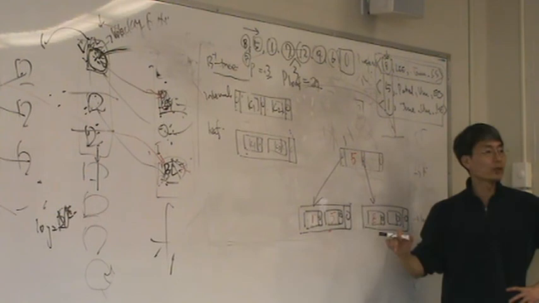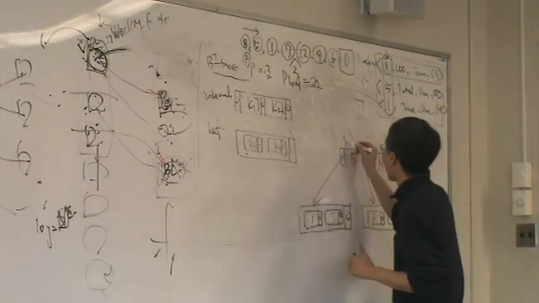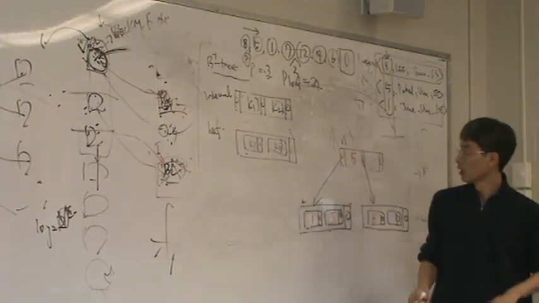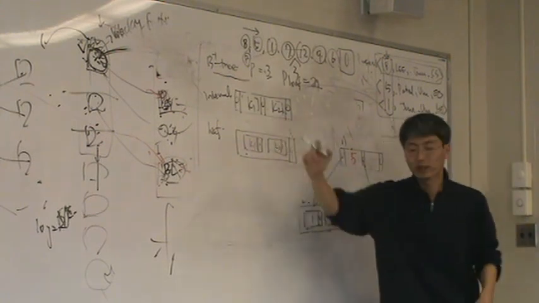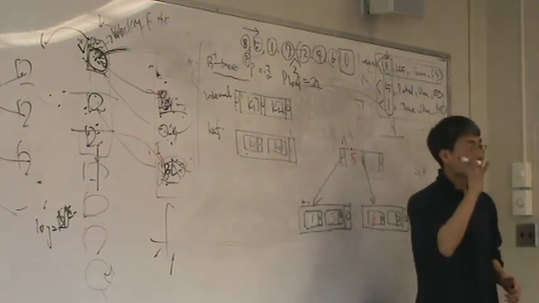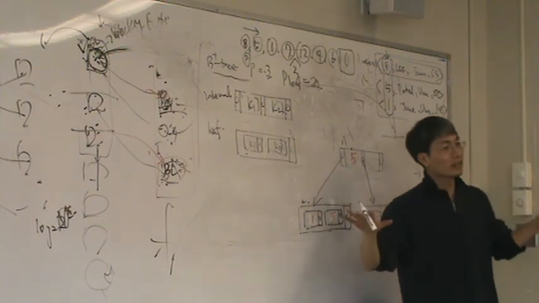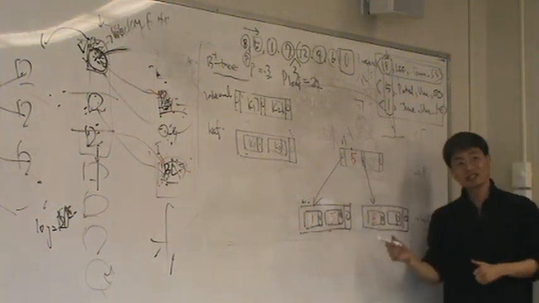And finally, you will get 5 data pointer that accesses the data. How many accesses? 1, 2, 3. What about 1? 1, 2, 3. What about 8? 1, 2, 3. Always 3. It's the balance. Perfectly balanced.